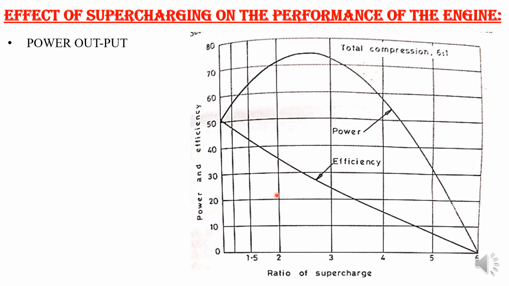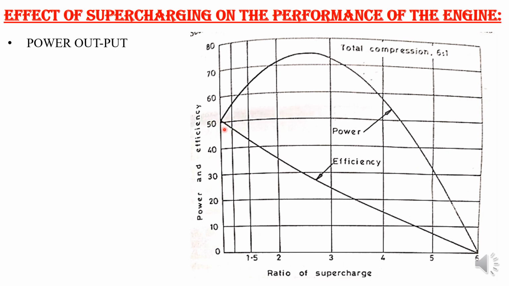As I told you, in a supercharger we want to operate in the richer region, meaning we are giving more fuel than the required fuel. Hence more input will be there, so power output increases and heat input also increases, hence efficiency keeps on decreasing because we are working in a richer region.